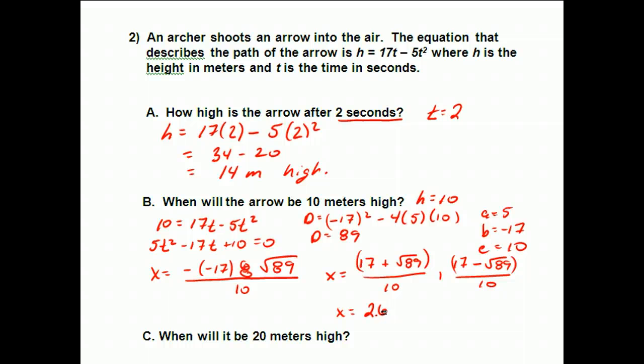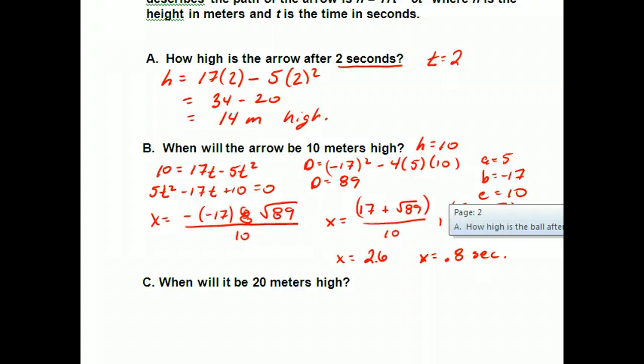Then 17 minus the square root of 89, all divided by 10, gives us 0.75, or 0.7 seconds. Actually, it's 0.8 seconds. So those are the two times. On the way up, after 0.8 seconds, it's going to be 10 meters high, and after 2.6 seconds, on the way down, it's also going to be 10 meters high.